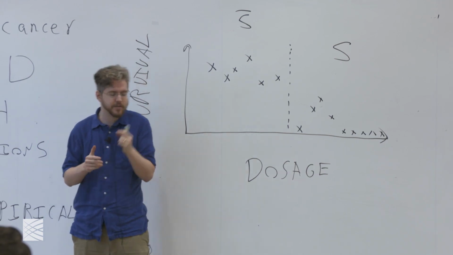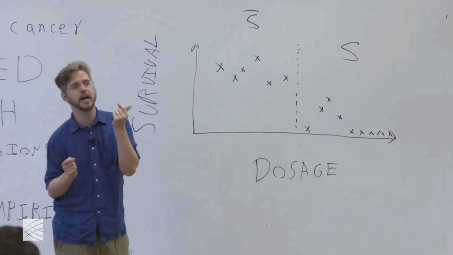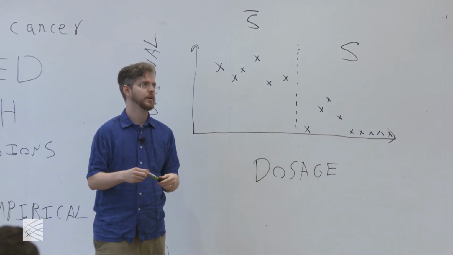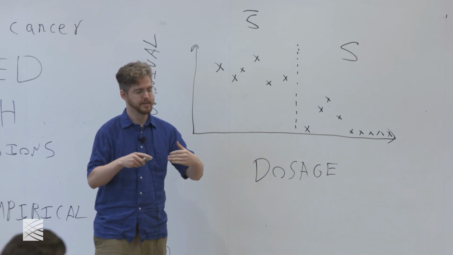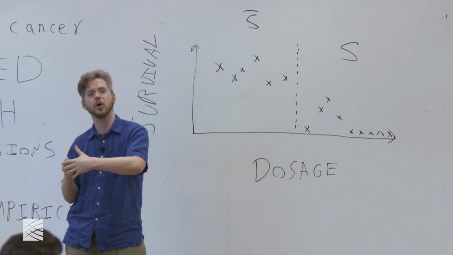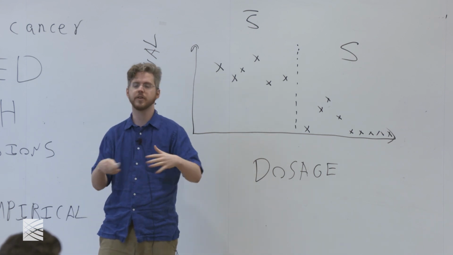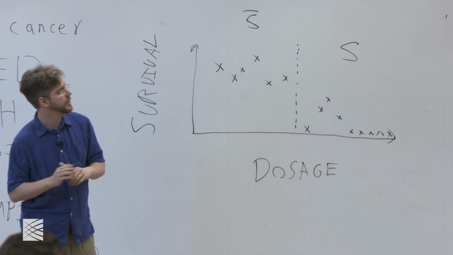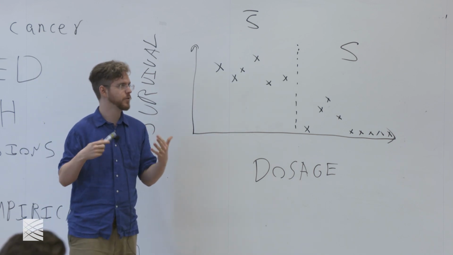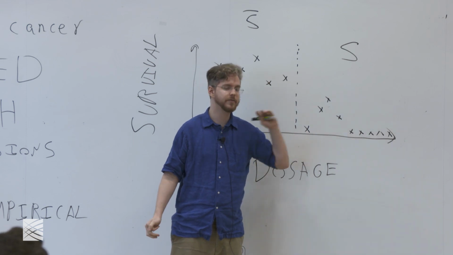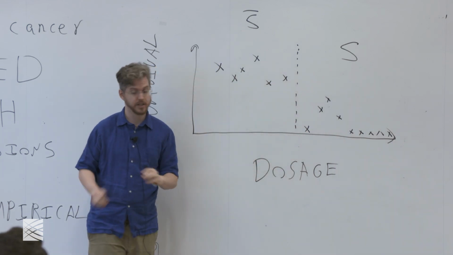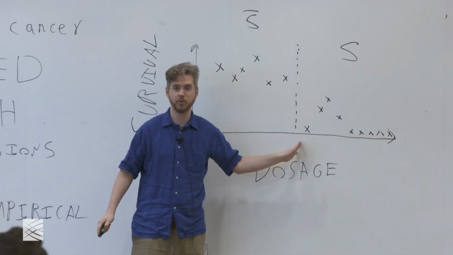Now, of course, in reality, even the tiniest dosage of the drug is going to have some effect. So when you're really doing this, the hypothesis you want to test is that the drug has an effect which is lower than some threshold, and you have to make some corrections, blah, blah, blah. But to keep things simple here, let's just say that for these dosages, the drug has some effect. For these dosages, the drug has no effect, and we're trying to find this change point.